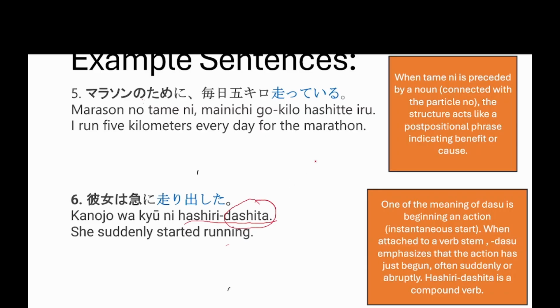One of the meanings of das is beginning an action or instantaneous start. When it is attached to a verb stem, it emphasizes that the action has just begun, often suddenly or abruptly. So in this case, the person suddenly started running.